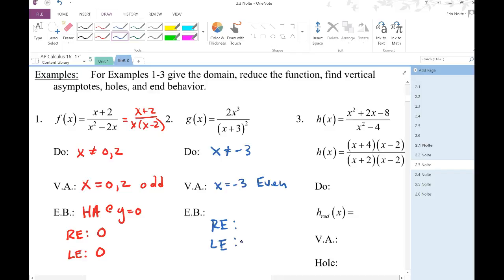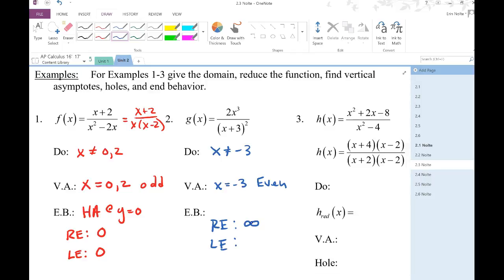If I put a big giant positive number into the top, would it come out positive or negative? Positive. If I put a big giant number into the bottom, I would get positive. So, is the right end going to positive infinity or negative infinity? Positive, good. I can check the left end, but I know there's a slant, right?